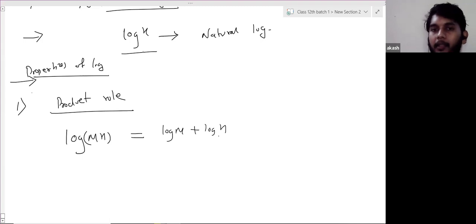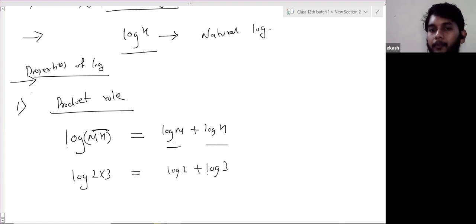Otherwise, you can look at it like this: if two logs are added with the same base, the bases should be the same, then you can multiply these two numbers and write a single log function. An example of this is log 2 into 3, which will be equal to log 2 plus log 3. This is clear.